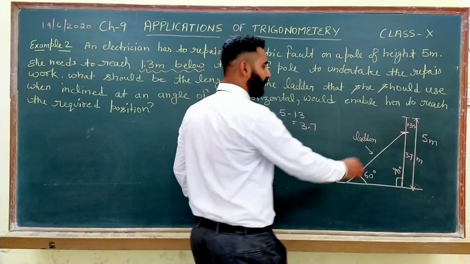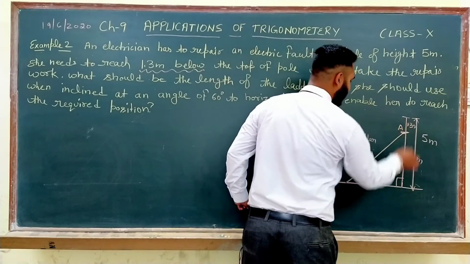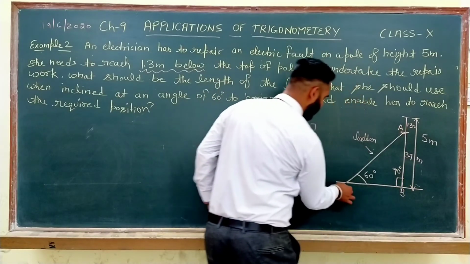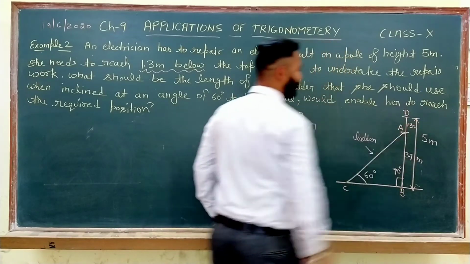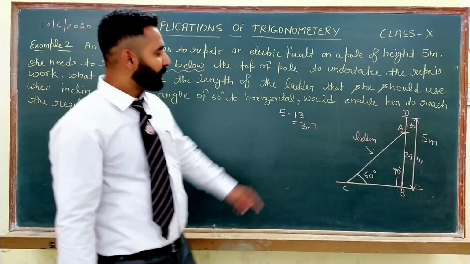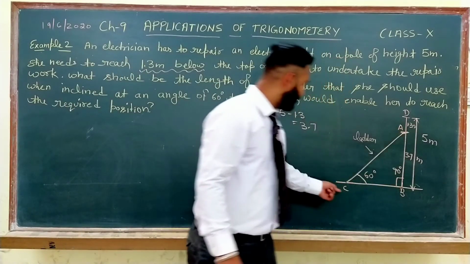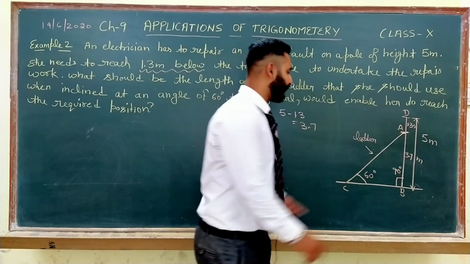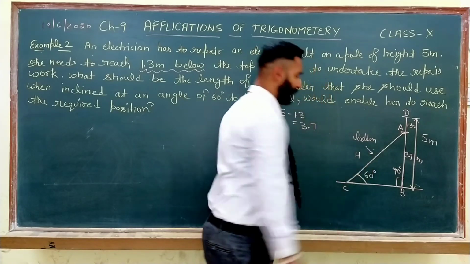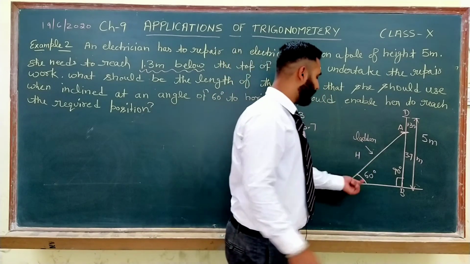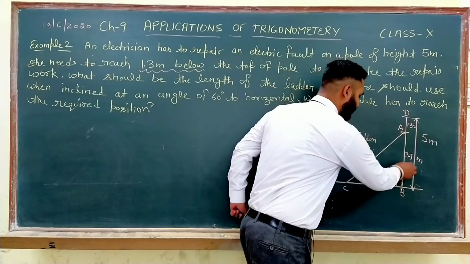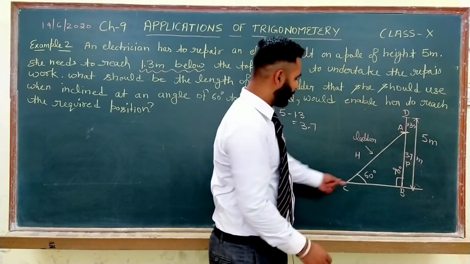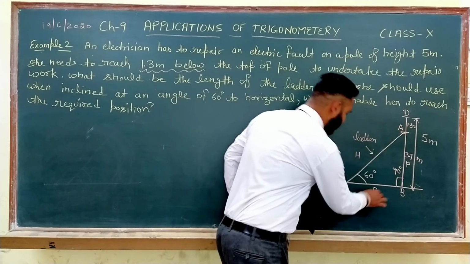Fine. Now give names to it: A, B, C, and you can give D to this point. Now see, A, B, C. This is a right angle triangle. The side opposite to 90 degree is always hypotenuse. The side opposite to theta is perpendicular, and the third side is always base.